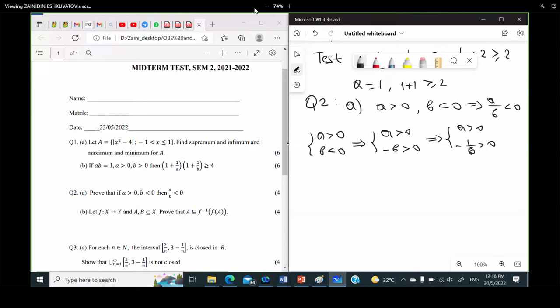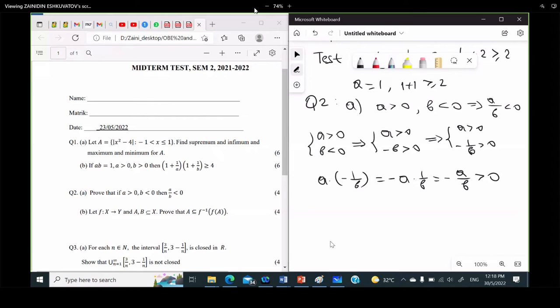So 1 over B is also positive. Now, there is another axiom: if two numbers are positive, then the product of the two numbers is positive. So I can say minus A times 1 over B, or minus A over B, is positive according to the axiom. Okay, so that's the proof actually.